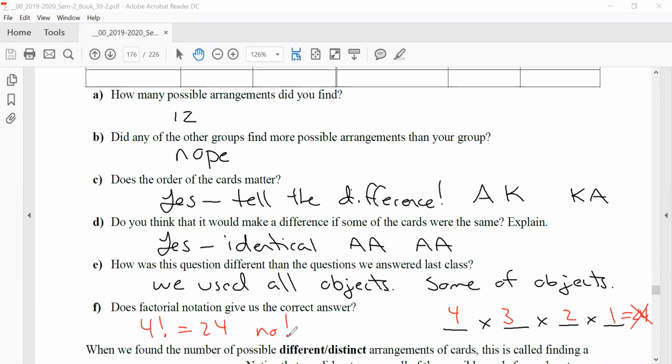In fact, if I'm looking at my pretty picture over here, I only want to consider the first 2 cases, which is simply just 4 times 3. That would give us the correct answer. So we can't use factorial notation here because we're not using all of the cards. We're not counting down to times 2 times 1. So does factorial notation give us the correct answer? No, sir.